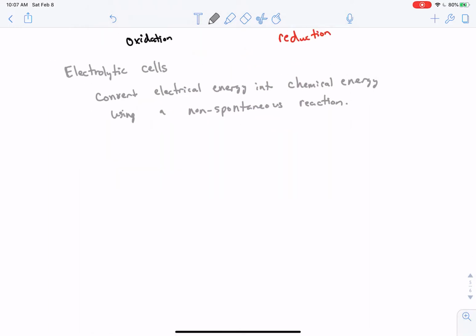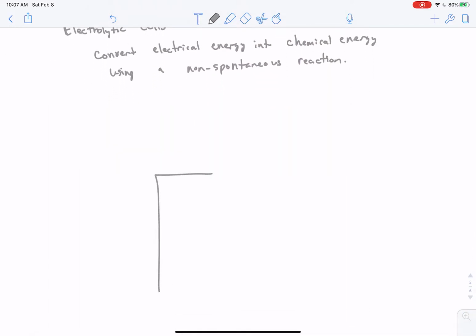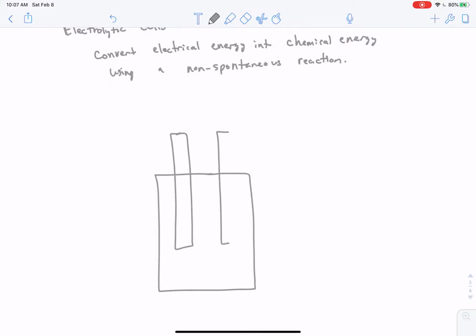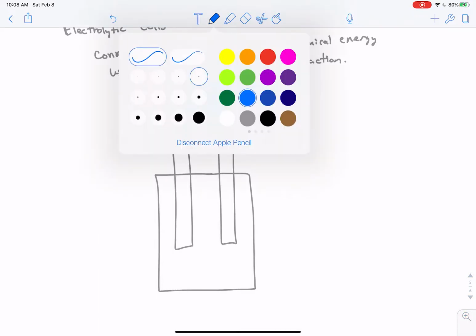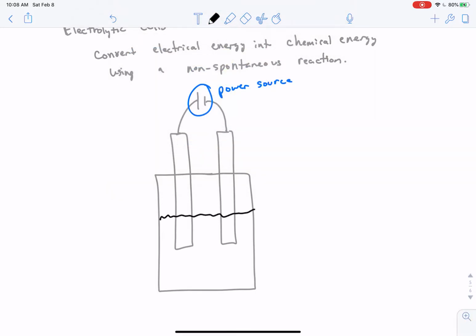In an electrolytic cell, you have just one chamber. And you have electrodes like we did before, and you have a power source. Whether it's a battery, an outlet, or whatever, it's just some type of power source. Now you still have your anode and your cathode.